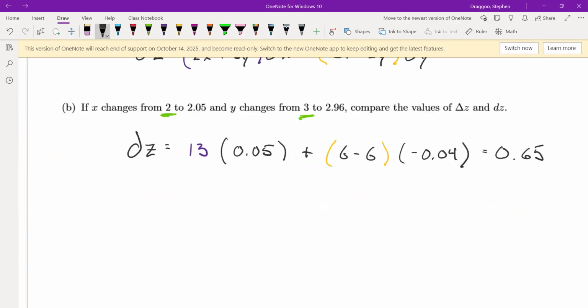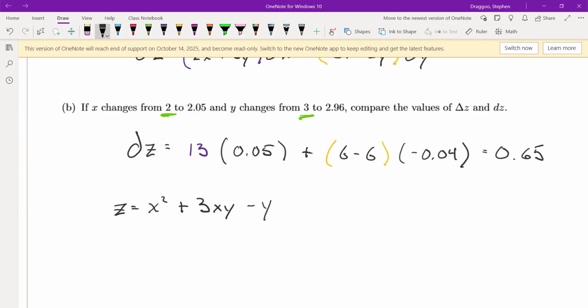Okay, let's go get delta z. To figure out delta z, or change in z, I just need to know my two z values. So I'm going to first calculate z1, which, just to recall here, z was x squared plus 3xy minus y squared. Why is my handwriting so bad on this problem specifically?